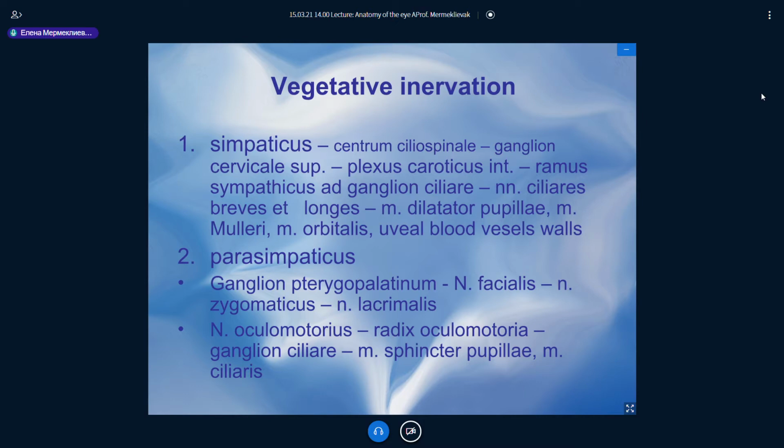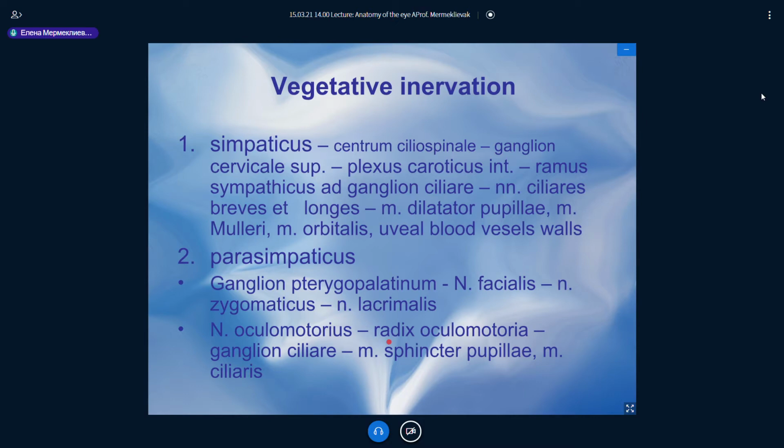And this is the innervation of muscle dilatator pupillae, the muscle of Muller, the orbicularis muscle, and the uveal blood vessels walls. The parasympathetic innervation starts from ganglion pterygopalatinum through nervus facialis, nervus zygomaticus, and lacrimalis.